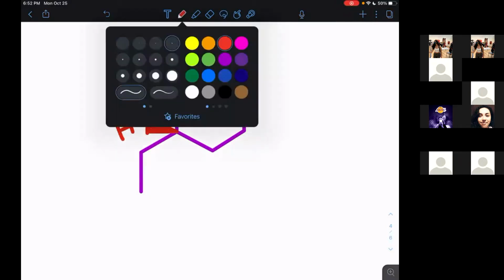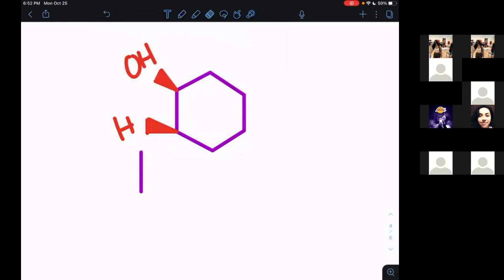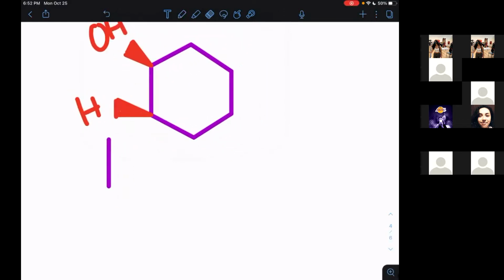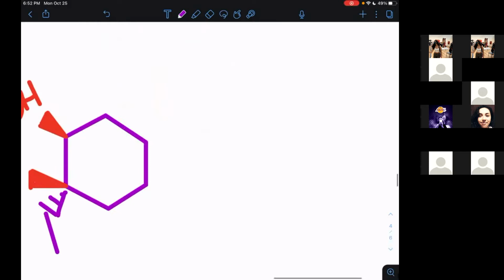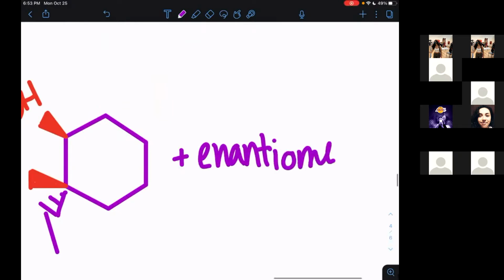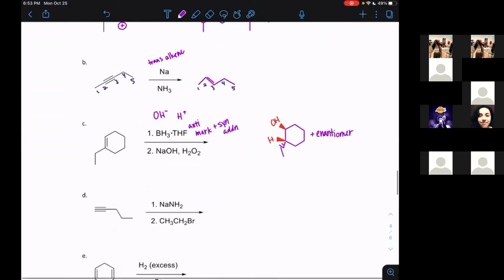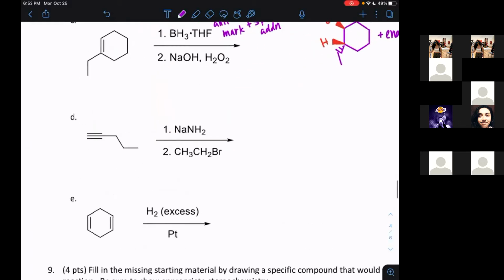I always get them mixed up when I'm saying them. Okay, something like that, plus an enantiomer. Yes, that's that one. Nearly done.